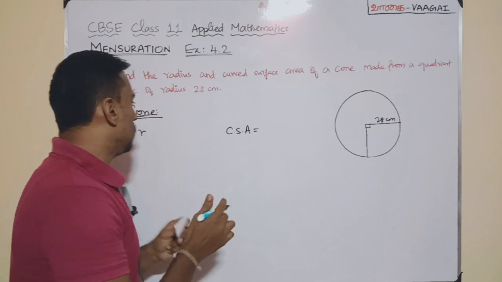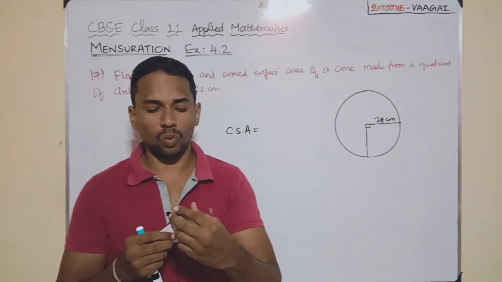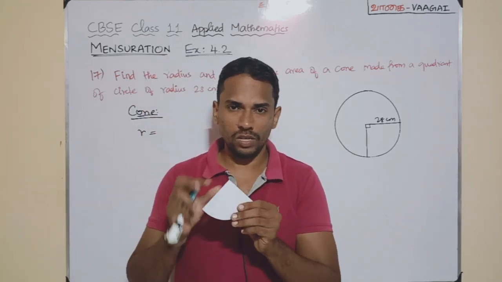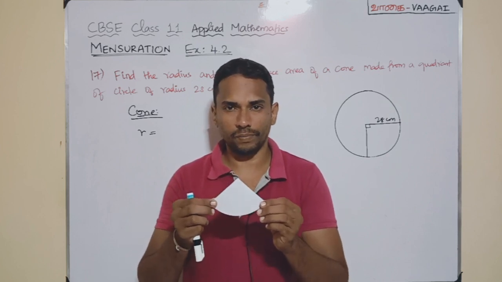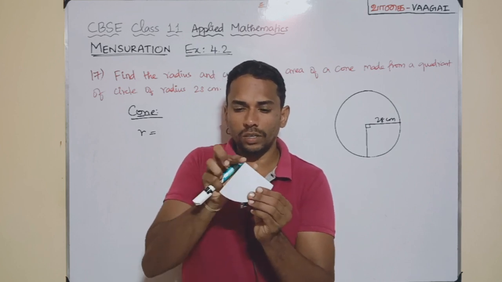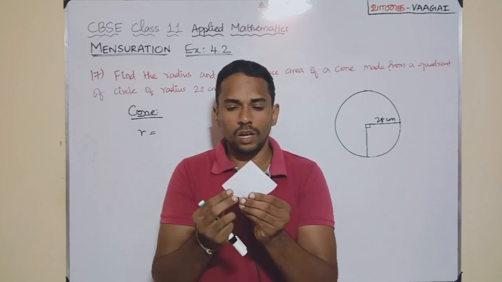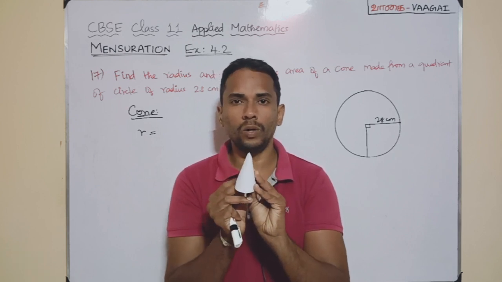First of all, let us carefully look at the measures of this cone, how it is formed. Originally this is a quadrant, and for the quadrant these portions, this and this, are going to be the radius. Now look what happens when I fold it and form a cone. Just listen very carefully. What happened to the radius?